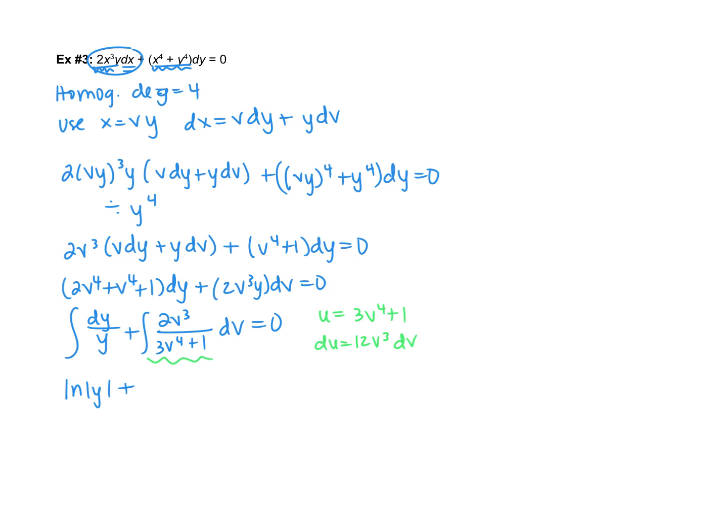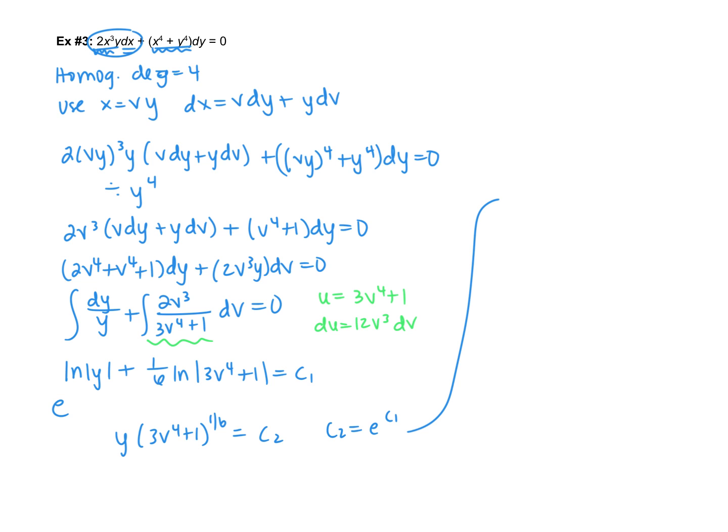So when we integrate, that's going to give us 1/6 natural log of (3v⁴ + 1) equals some constant. Okay, get those two natural logs together, condense them, and then apply an e, and we would end up with y multiplied by (3v⁴ + 1)^(1/6) is equal to some constant, and that is just e^(c₁).